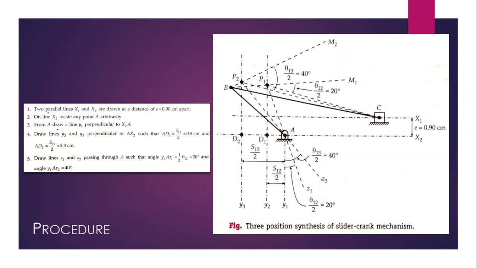Then from A, draw a line y1 perpendicular to x2a. This line y1 is passing through A, and is perpendicular to this x2a.